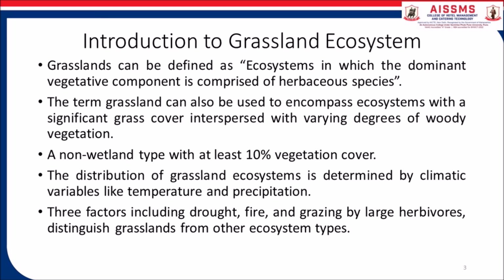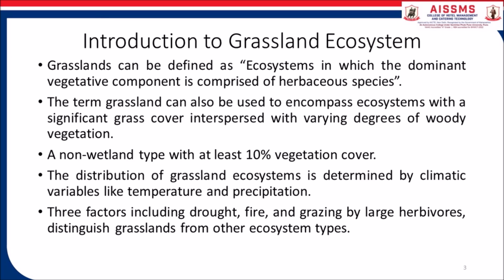The term grassland can also be used in a broader sense to encompass ecosystems with a significant grass covering interspersed with varying degrees of woody vegetation. It also includes some deserts and shrub grasslands as well. Grassland ecosystem is a non-wetland type of ecosystem with at least 10% vegetation cover.